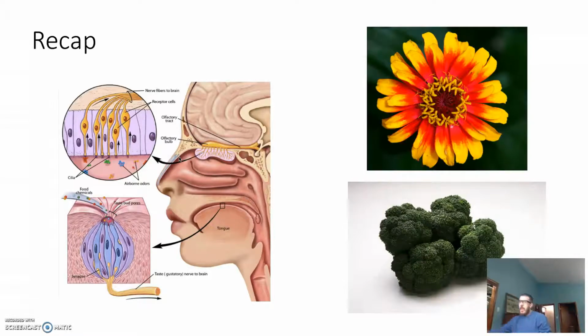And so we also saw how these two systems have different pathways into the brain. We saw that the olfactory system has this direct link into our limbic system, so it seems to be able to evoke certain memories quite easily. And we saw that the gustatory system in the mouth sends information to the same part of the thalamus and also to the same part of the orbital frontal cortex.